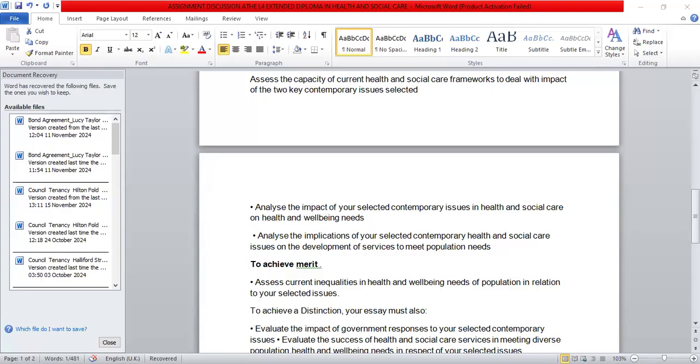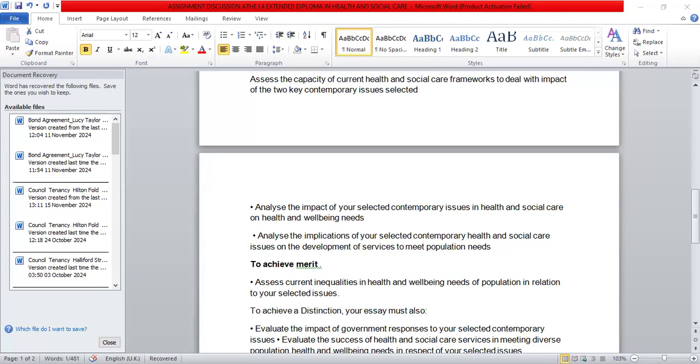You should be able to assess the ability of the prevailing health and social care framework to respond appropriately to the issue in terms of speed of change and ability to deal with the specific issue. Current data and statistics may be used to back up the assessment.